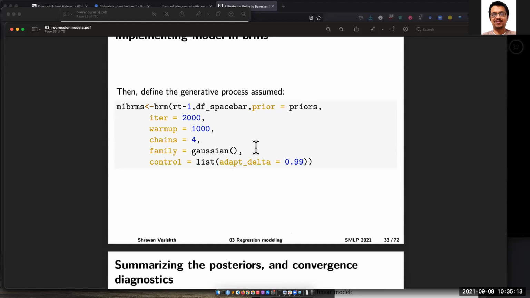Here we only have one family. So I'm struggling to understand, is it a limitation of BRMS that we can only specify one distribution? No, no, no. In BRMS, we will change this family in a few minutes. We're going to change it.